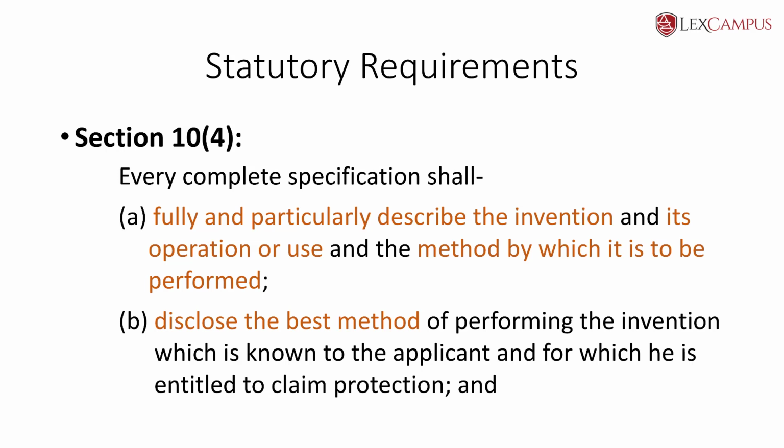For now, we need to know that the applicant is required to disclose the best method for which he is entitled to claim protection. Which means if there is a single claim, which is the minimum number of claims that you can have, the single claim should correlate to a disclosure which you regard as the best method. So you cannot claim something without describing the best method of performing.